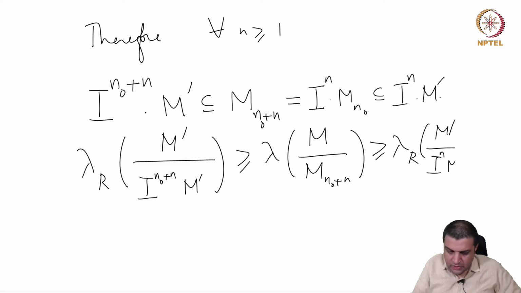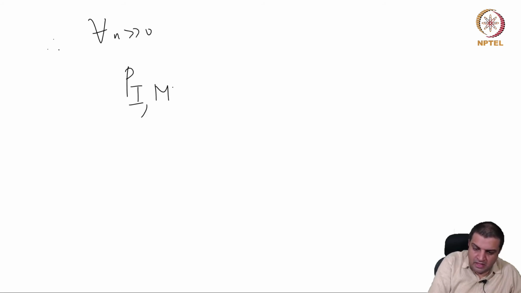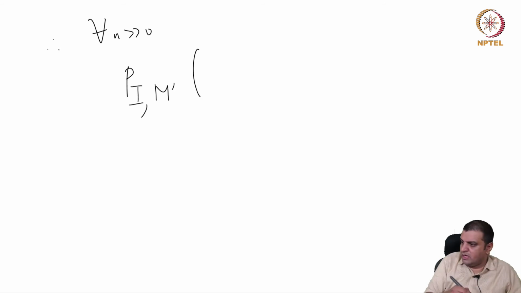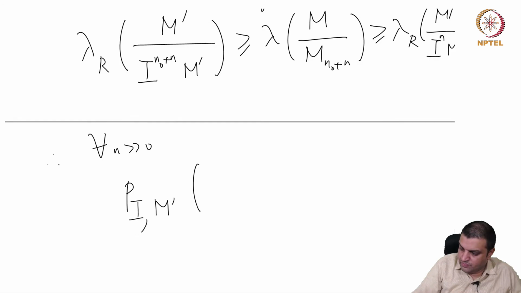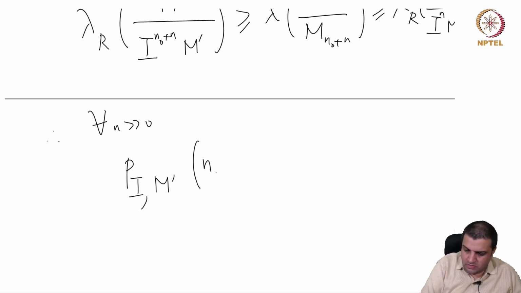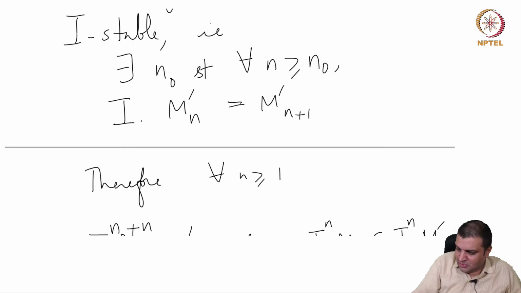Now we know that these lengths for sufficiently large n are given by polynomials. Therefore, for all n sufficiently large, p_{I,M prime} evaluated at n0 plus n. Let's just go back to this.